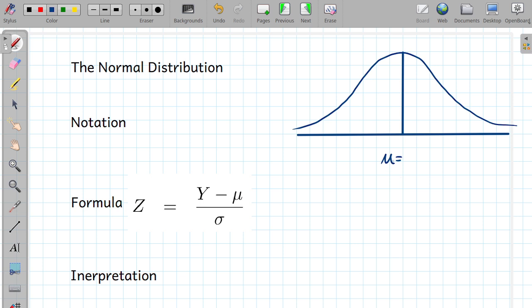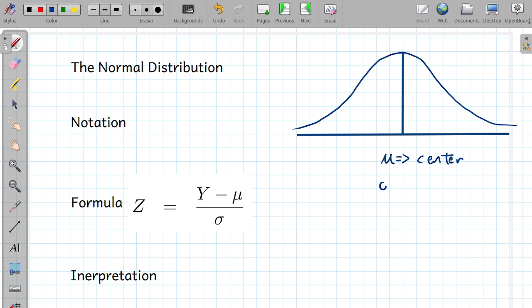It can look like an M, or it can look like a U. Doesn't matter. Call it whatever you want. So this is the center. If we have the standard normal distribution, then mu will be 0. If it's just a normal distribution, mu will be some value.